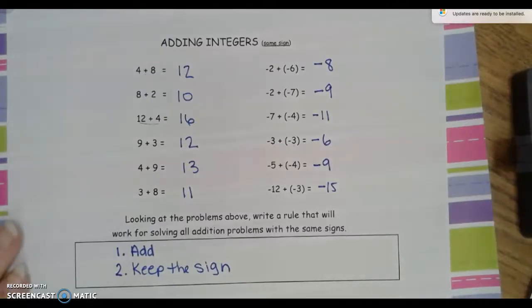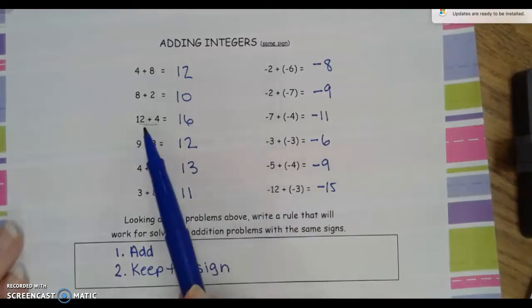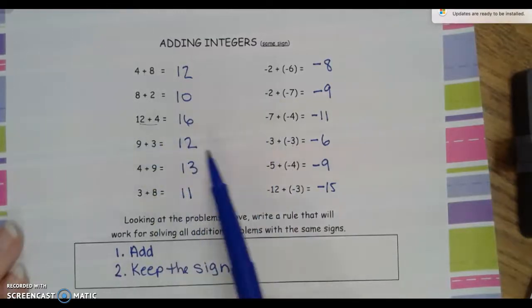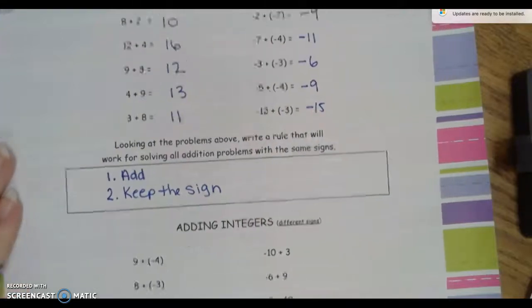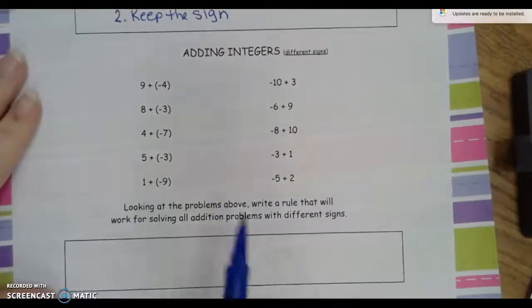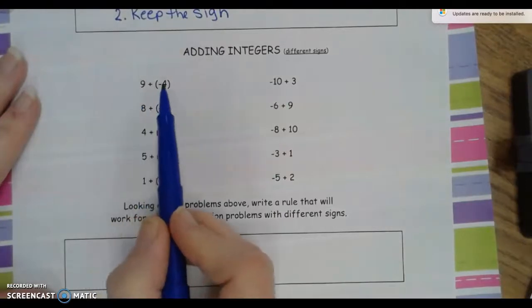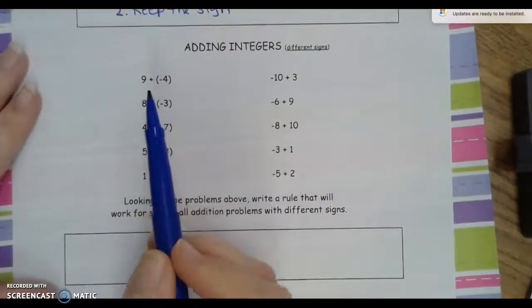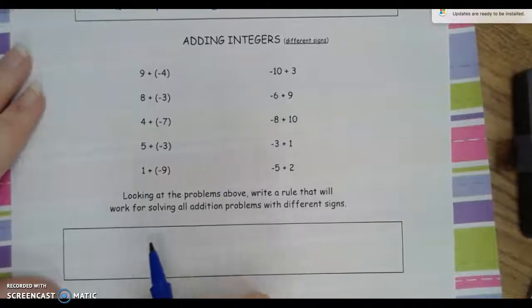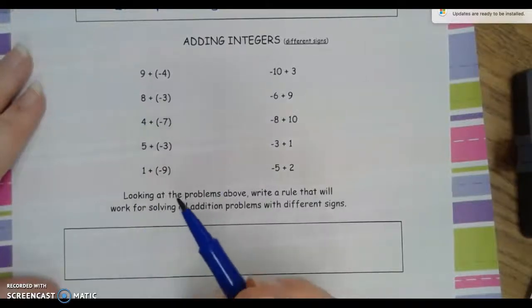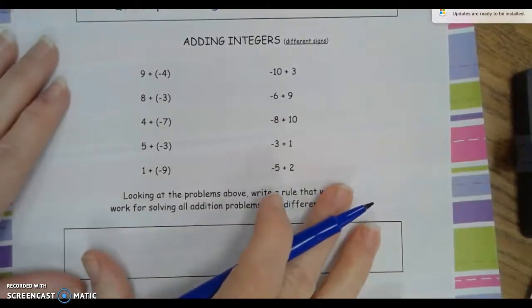All right, so now we're going to switch up. Both of these were the same sign, so obviously what's going to happen next is the signs are going to be different. If you notice, I've got a positive number and a negative number. So what's going to happen when I have a positive and a negative number? Again, I still like to think about this as money.